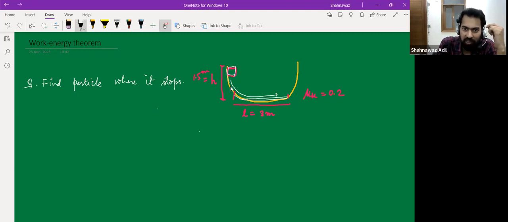So this guy starts to slide from here and then stops at some point, let's say here. So we have to calculate where it stops.